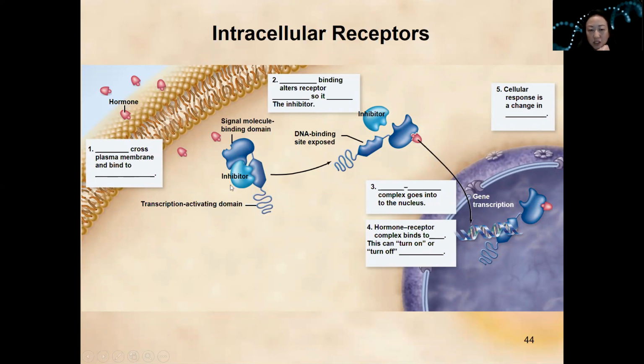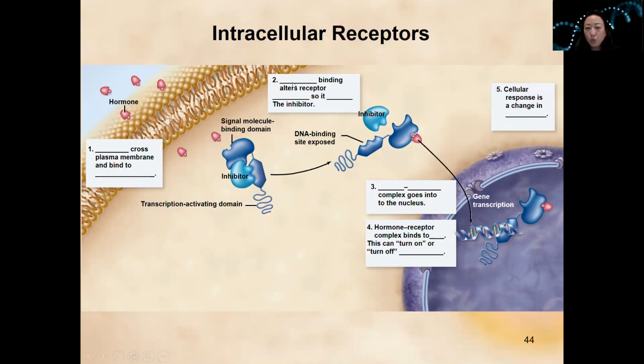Now look at this intracellular receptor. It looks very interesting. Okay, this darker blue part is bent and it's bound to something called an inhibitor. So do you think it's activated? It's actually not activated. It's being inhibited. Now what happens?